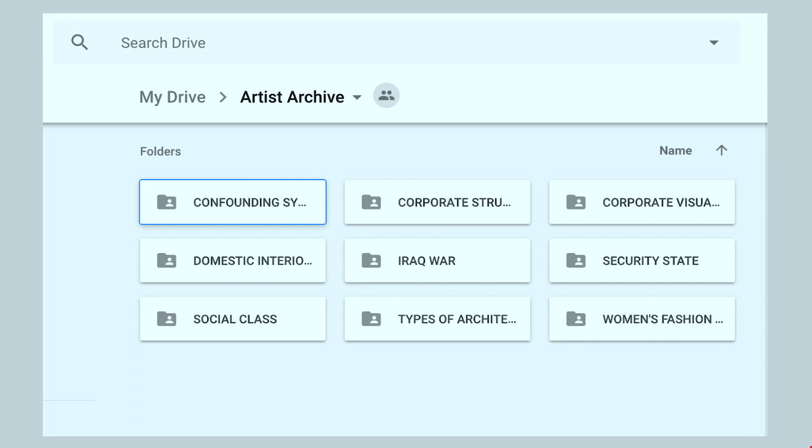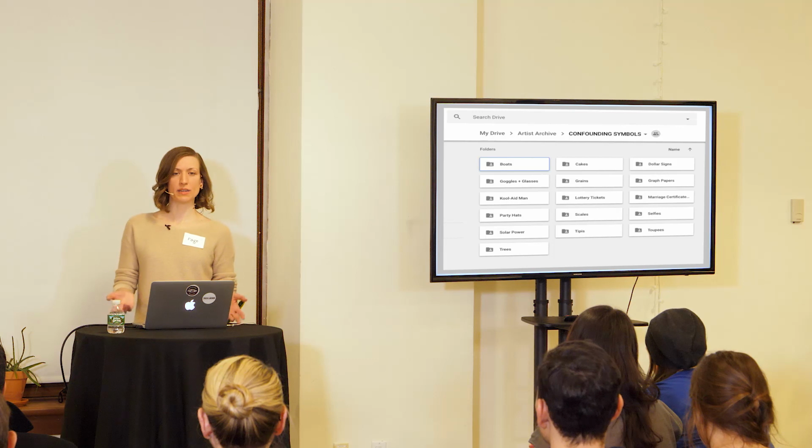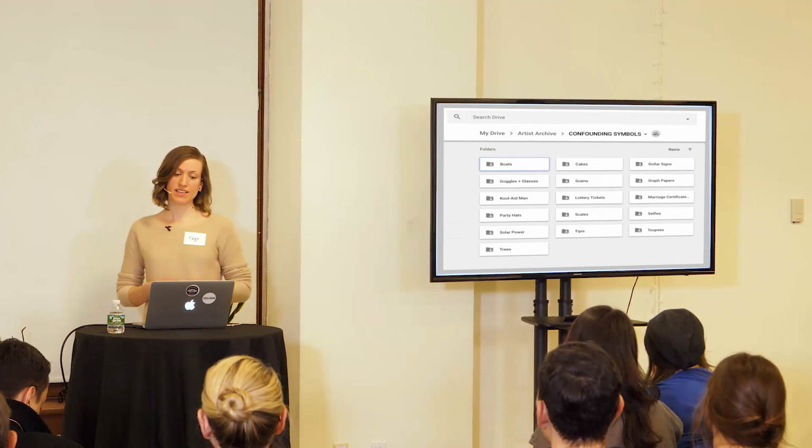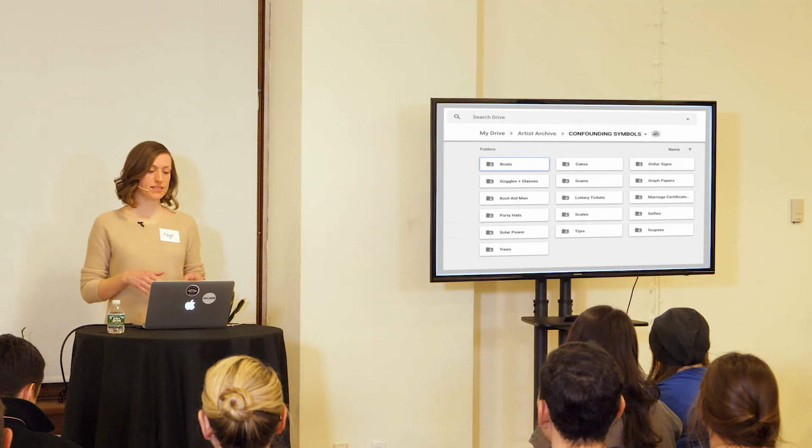So for the high-level category of things I call confounding symbols, we see the subcategories nested underneath, which includes collections of images of toupees and images of party hats, among other confounding symbols. When I assign an image to one of these subcategories, there are often additional relationships between images in both the broad high-level categories and in the subcategories.